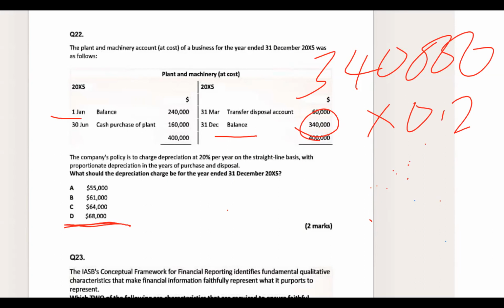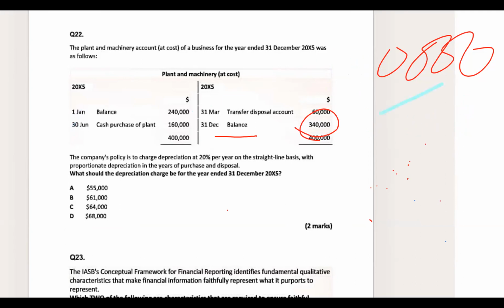It would be correct only if there was no adding of things in between. But these assets were brought in different months of the year. You can't say the asset that stayed from January up to December is the same as one that has just stayed from June up to December. The depreciation cannot be the same. Did you get that? Correct. Okay.